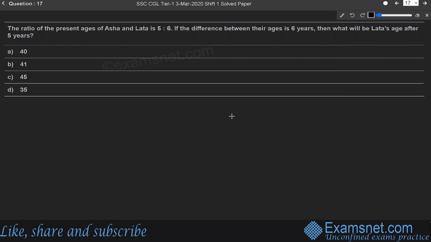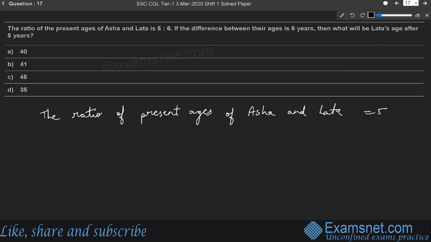According to this question, the ratio of present ages of Asha and Lata is 5:6. So what we have to do here is let the present ages of Asha and Lata be 5x and 6x. How 5x and 6x? Because the ratio is given 5:6.